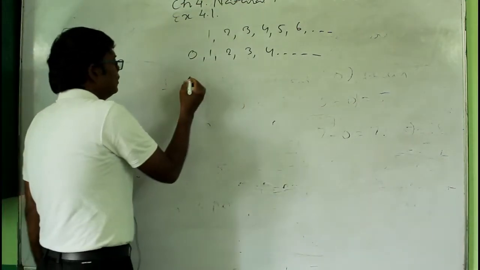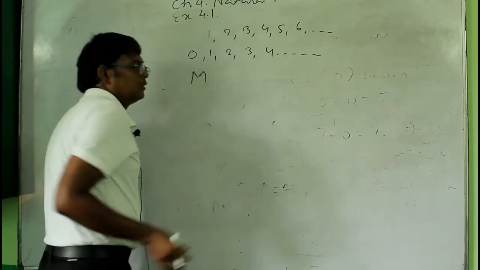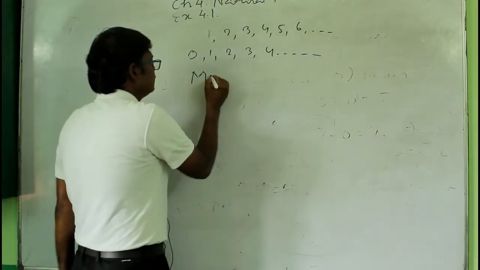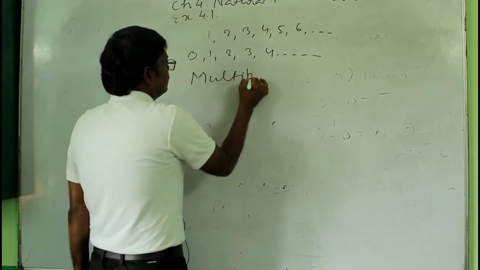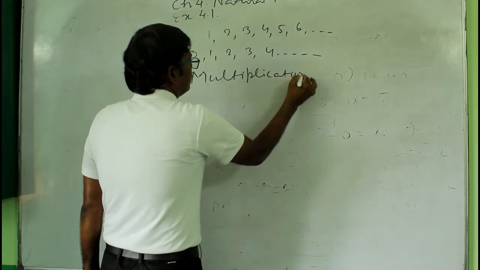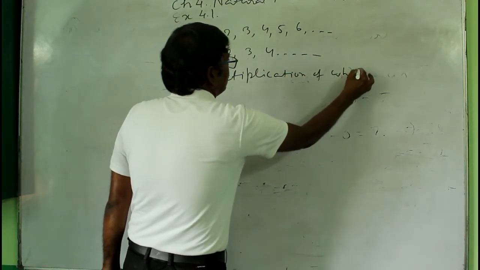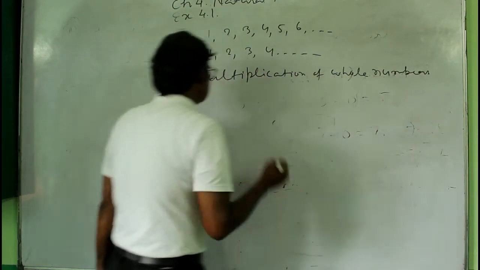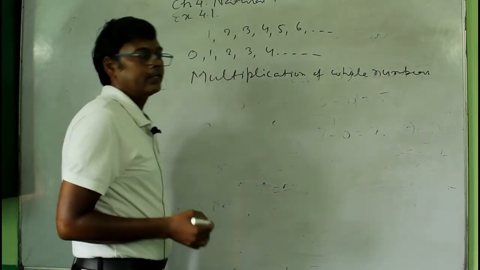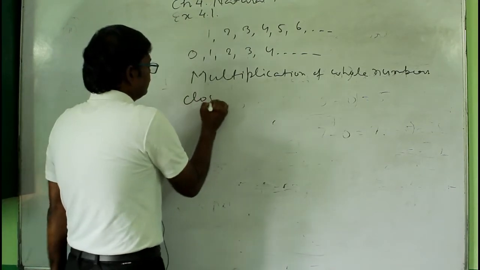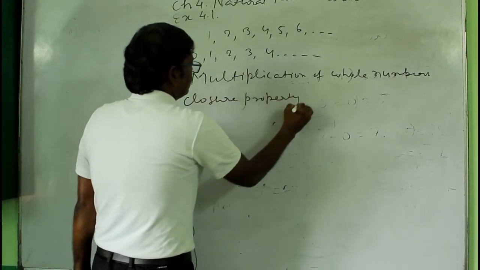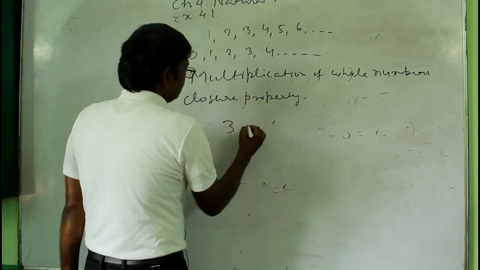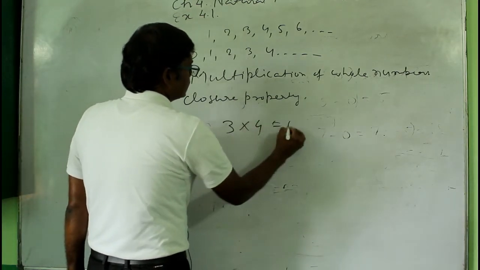Like first, for the multiplication of whole numbers, is the closure property. In this, suppose the two numbers are 3 and 4. Multiply this to get the answer 12.